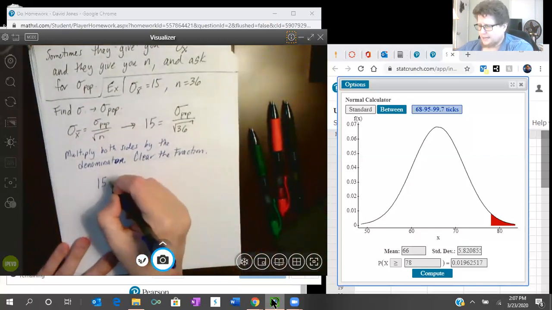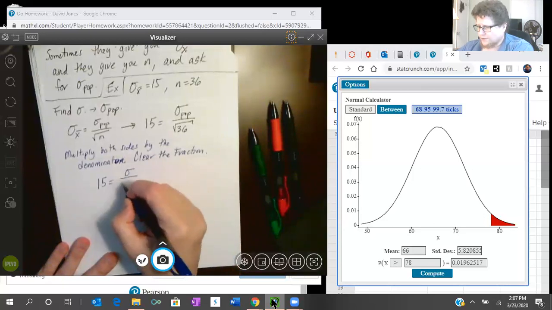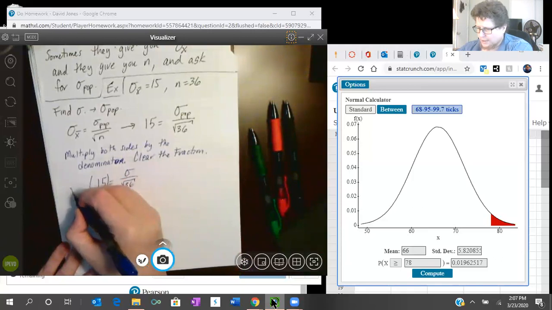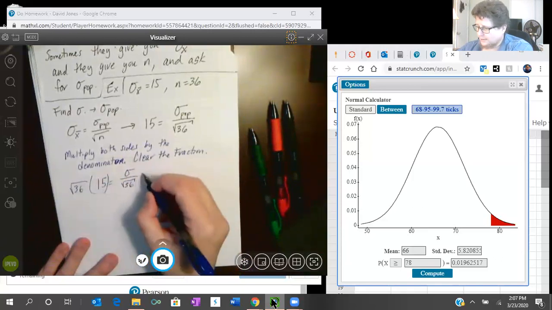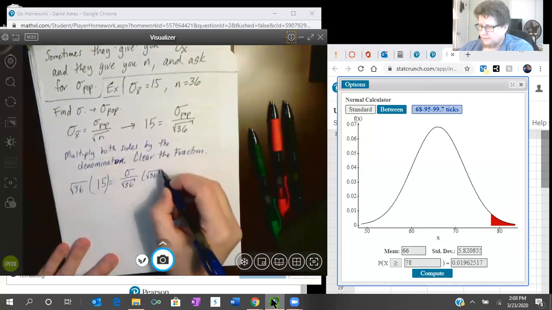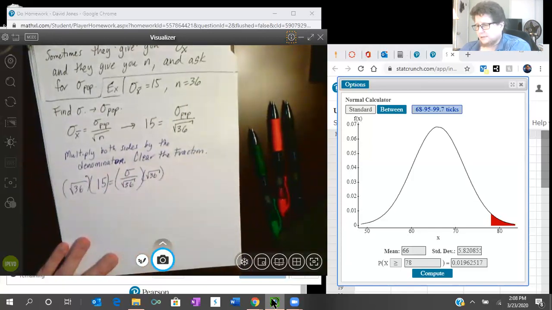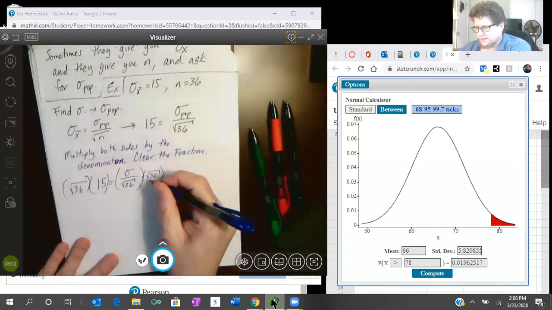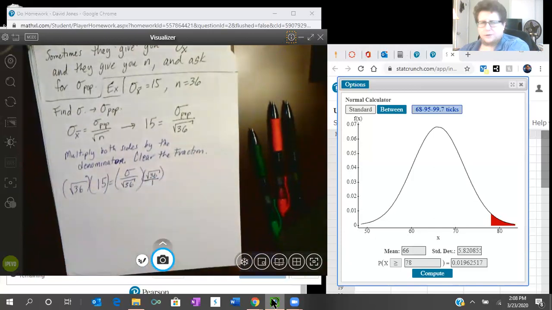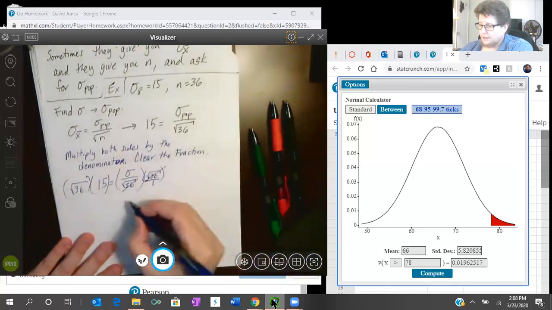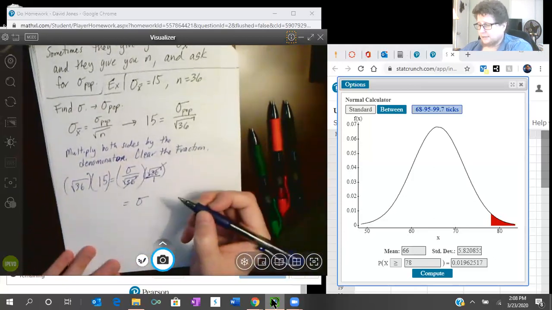So 15 equals sigma over the square root of 36. I'll multiply both sides by the square root of 36. This is like multiplying by the square root of 36 over 1. And anything that shows up in the numerator and denominator, we can cancel out. And on the right side, I get sigma.